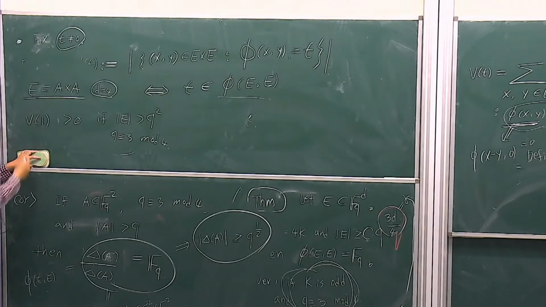T equals 4, we know this one. We proved it already. Any t, actually any t, right? But now choose one.